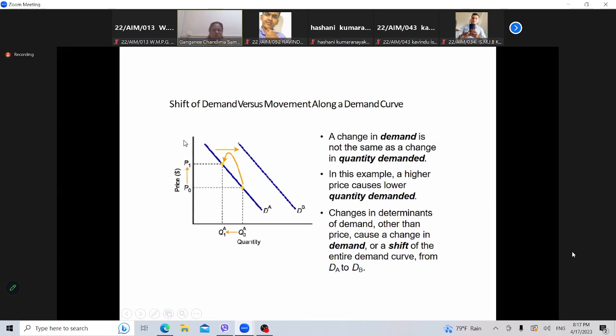Normally along the curve, price changes, but if factors other than price are changing, the demand curve shifts from here to here. So demand change means it can be changed along the curve, or it can be shifted from one place to another place.